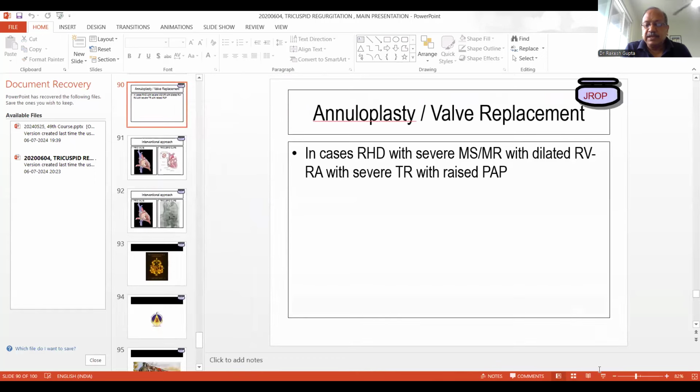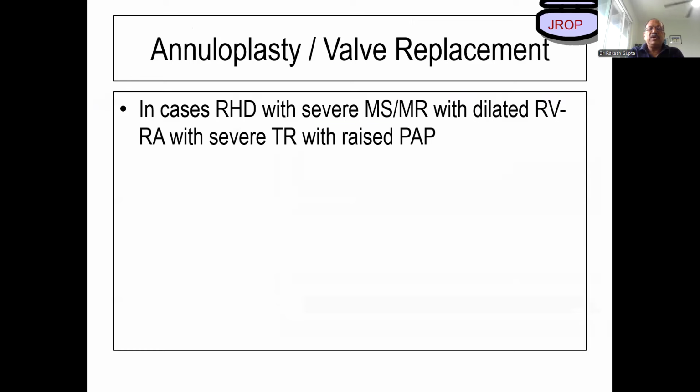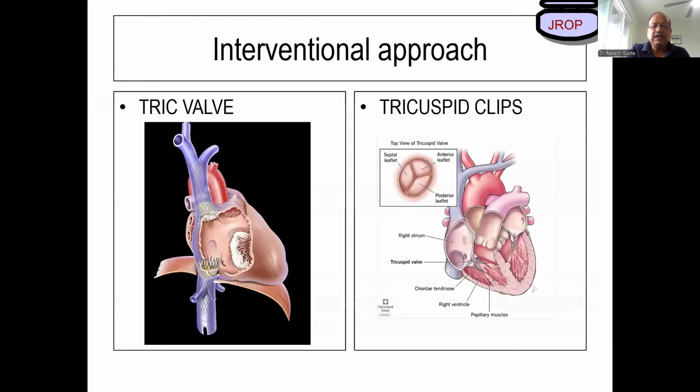I said you do annuloplasty or you replace the valve whenever you have a severe tricuspid regurgitation secondary to left-sided lesions. But the most important thing is when we are not able to replace these valves in these sick patients, what do we do? We do a trick valve, like putting a valve inside the SVC as well as the IVC.